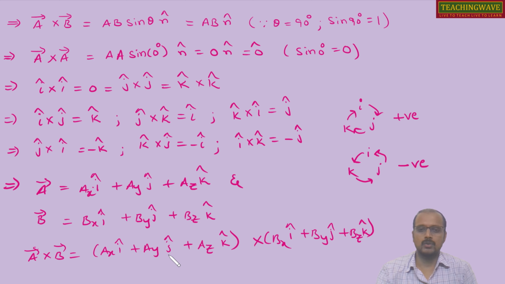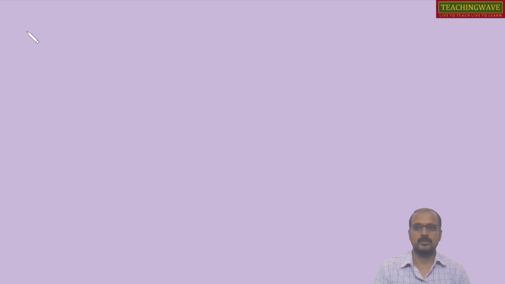So we get a total of 9 terms; among them, the self unit vector terms become 0, and we get the remaining 6 terms. The same result we can also get with the help of the matrix determinant method.